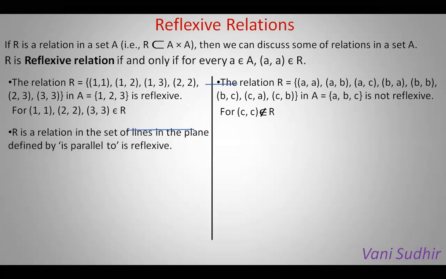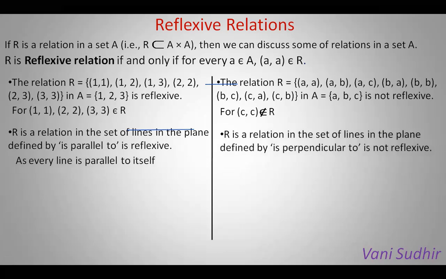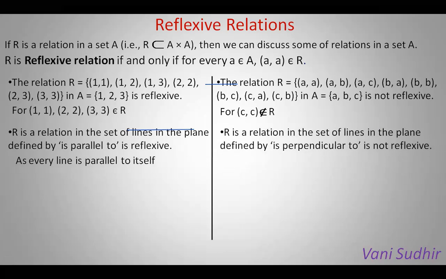Next, in geometry, if you take some set of lines in a plane and define the relation as is parallel to, every line is parallel to itself, no? Therefore, is parallel to is reflexive. In geometry, if you take the relation as is perpendicular to, a line is not perpendicular to itself, so it is not reflexive.